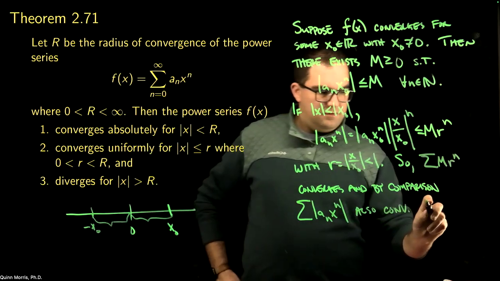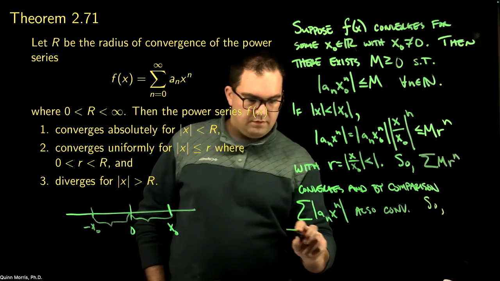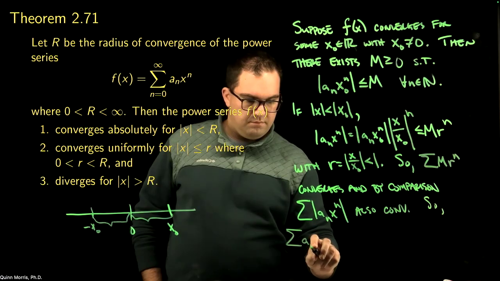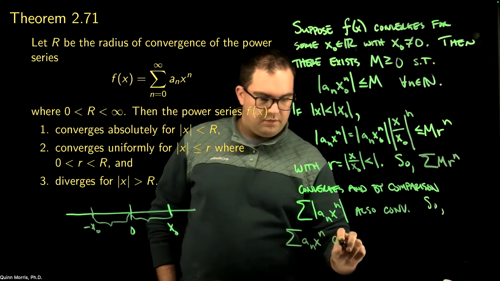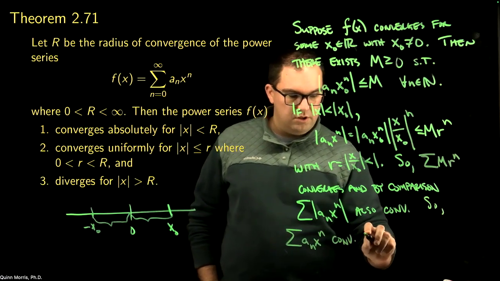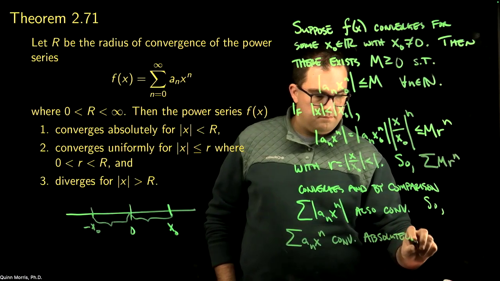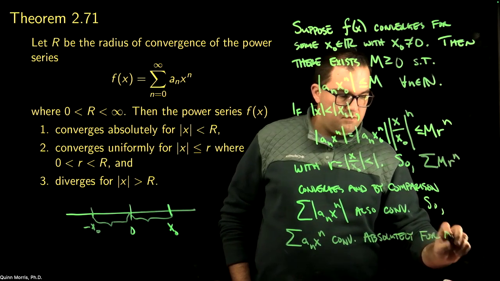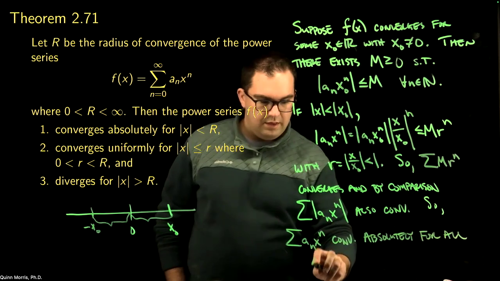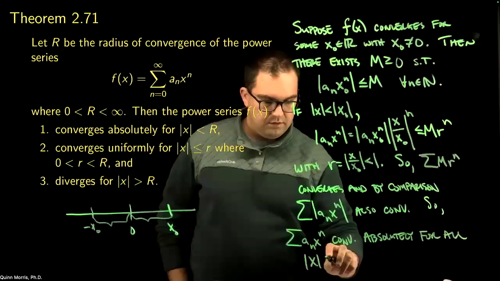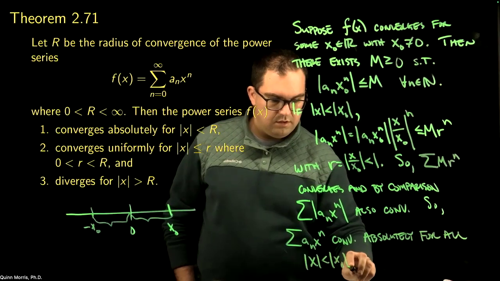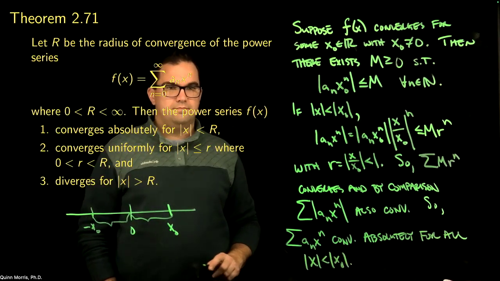That's telling me that this converges absolutely for all x less than that fixed x naught.